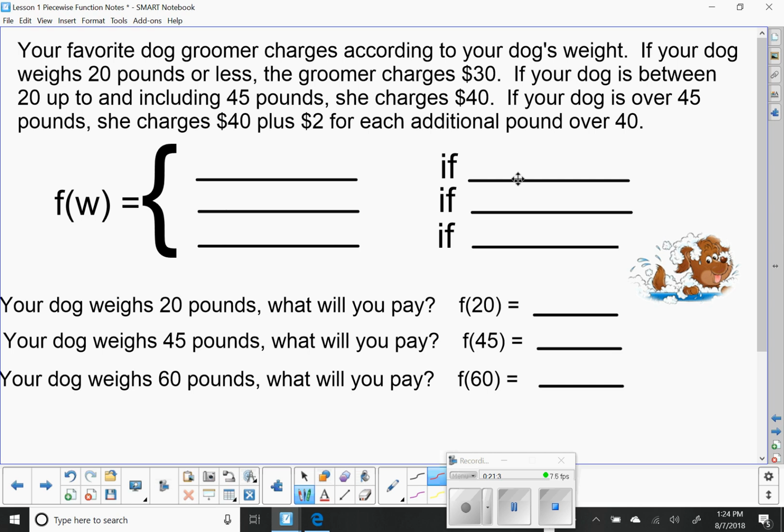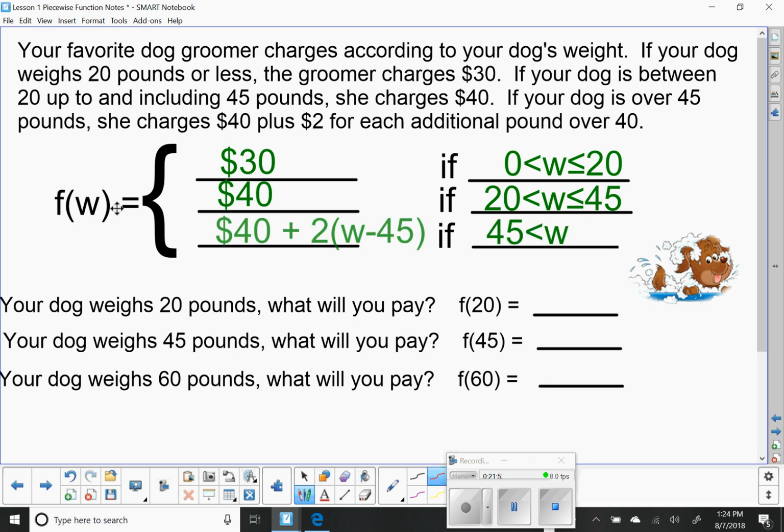So again, if you are greater than 0, you can't have a dog that equals 0, okay? But less than or equal to 20, flat fee. If it's greater than 20, but less than or equal to 45, it's 40. And anything over 45 pounds, well, you're going to pay 40 plus 2 times W minus 45.